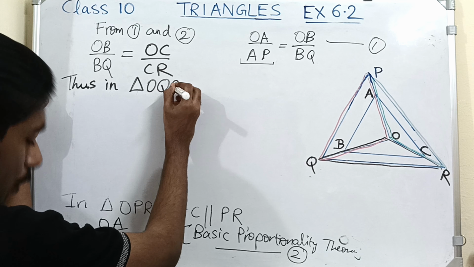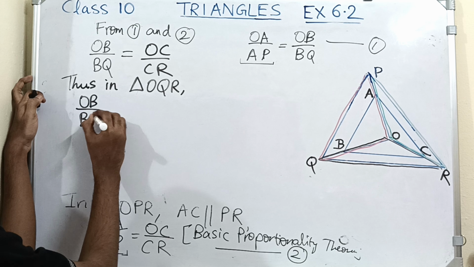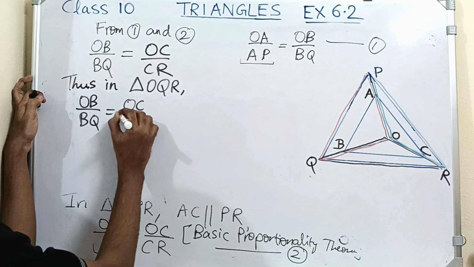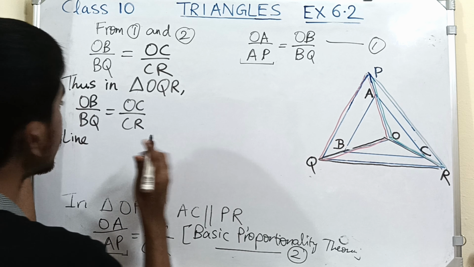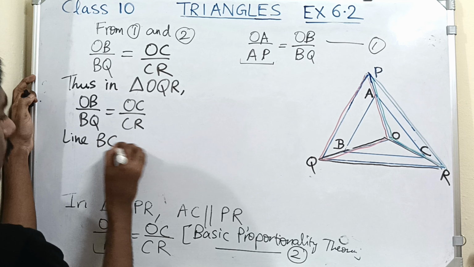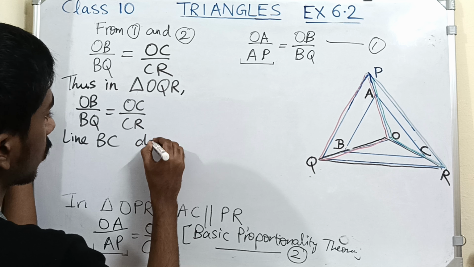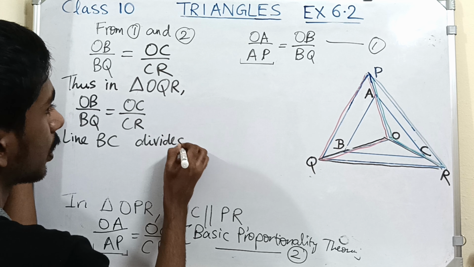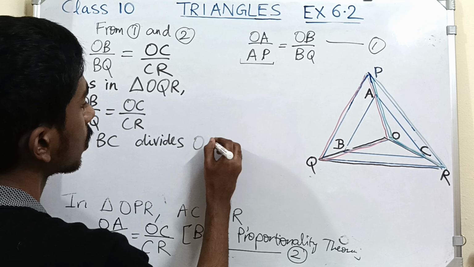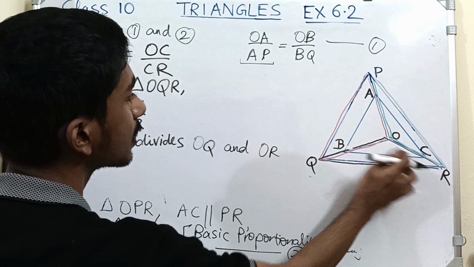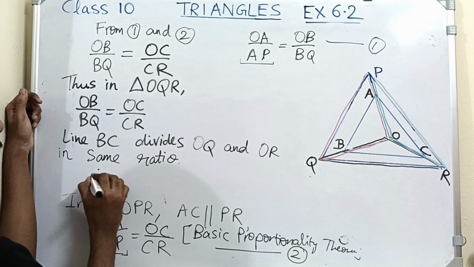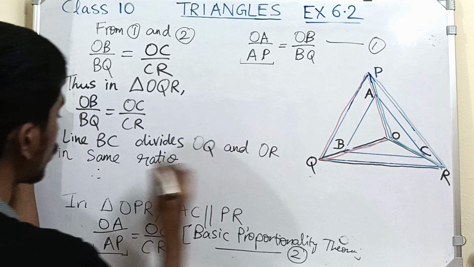Thus in triangle OQR, OB over BQ is equal to OC over CR. Line BC divides OQ and OR in the same ratio. So therefore BC will be parallel to QR.